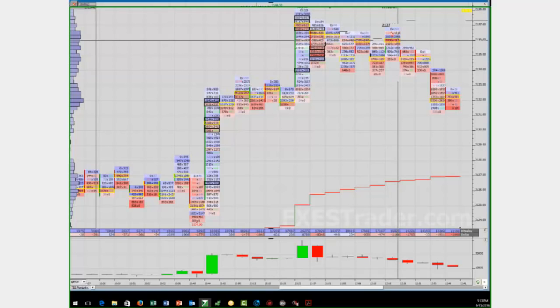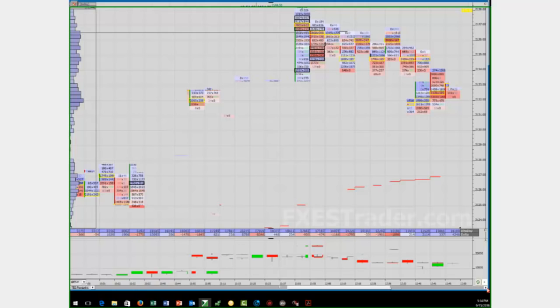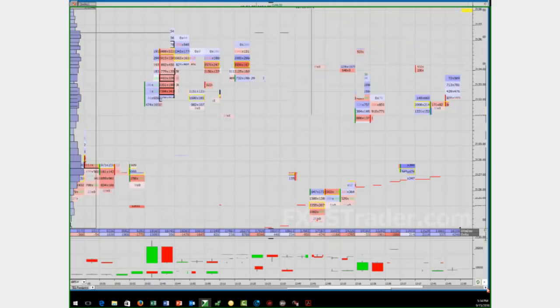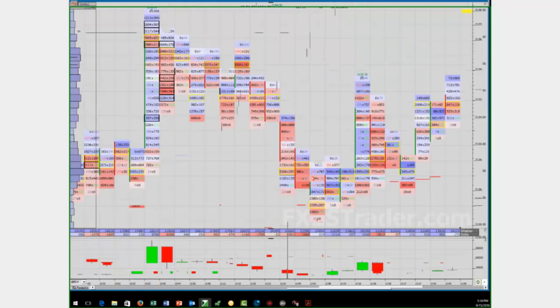Look at that big 10-1. This was the first short I took today, and I got lucky to get filled at 36 1/4 on this. I really wanted a better fill, and essentially, I wasn't expecting much of a pullback. I had most of this stuff off at 31.50, so just almost a scalp type trade coming back against it.